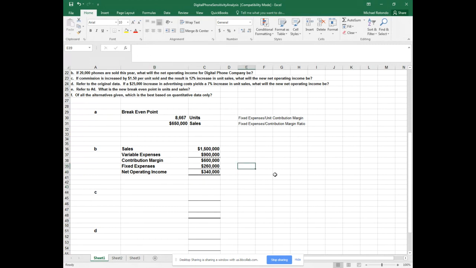So when we do a contribution margin income statement, in order to get our net operating income, we're going to take our contribution margin minus fixed expenses.